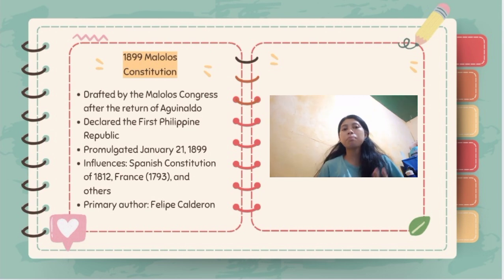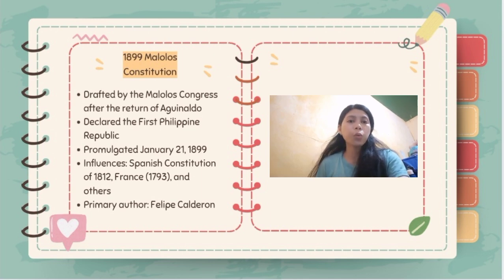It was written in Spanish, the language used in the Philippines at that time. The constitution declared the Philippines an independent nation called the First Philippine Republic. The Philippines was no longer under Spanish rule. The Filipinos had their own government with three branches: the president or leader, Congress or lawmakers, and courts or judges.